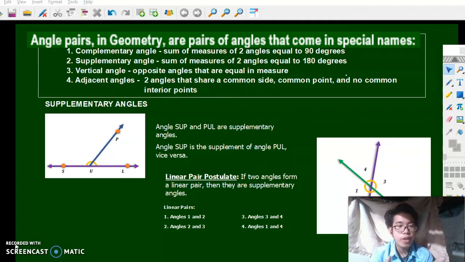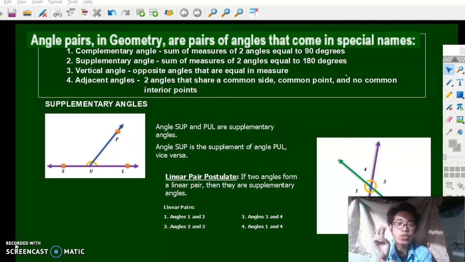As you can see here, we have four angles on the right figure: angle 1, angle 2, angle 3, and angle 4. Angles 1, 2, 3, 4 are formed by two intersecting lines. We have four linear pairs when those two lines intersect. The first linear pair is angles 1 and 2. They measure 180 degrees, and therefore angles 1 and 2 are supplementary angles.